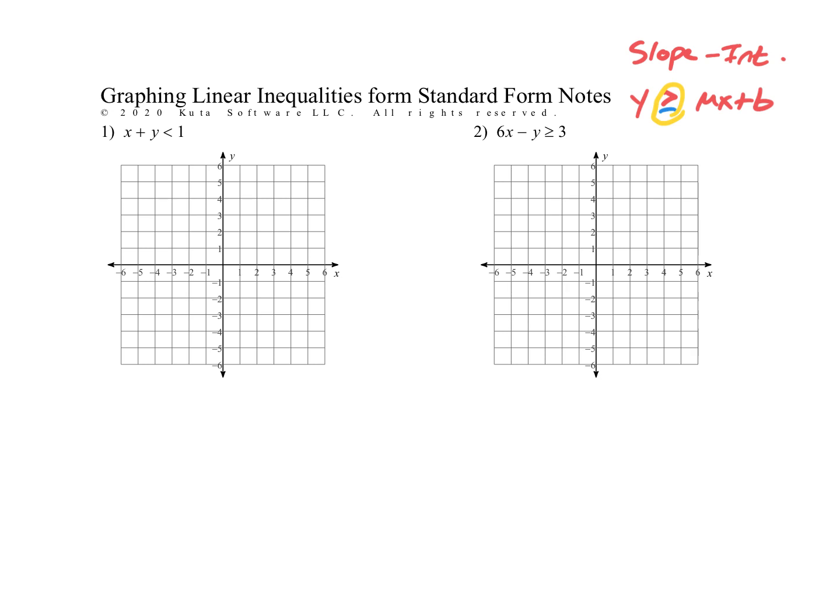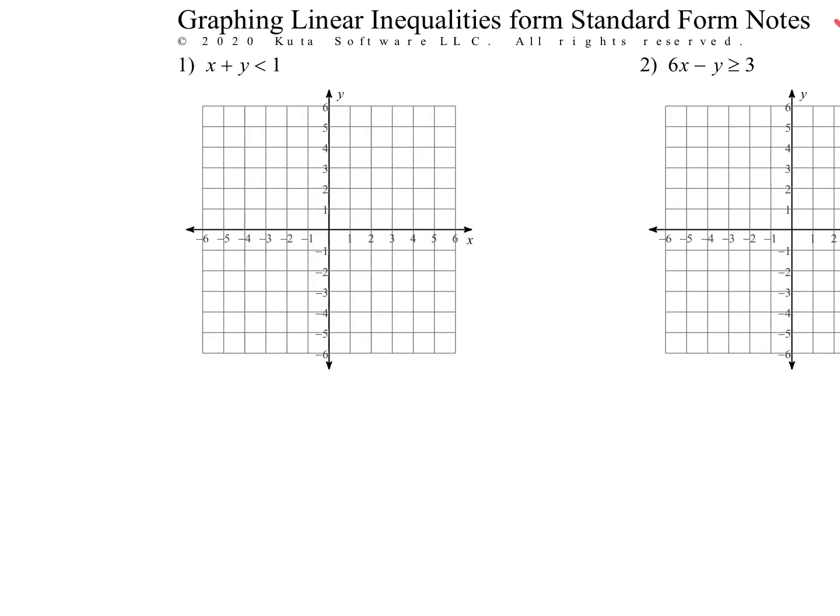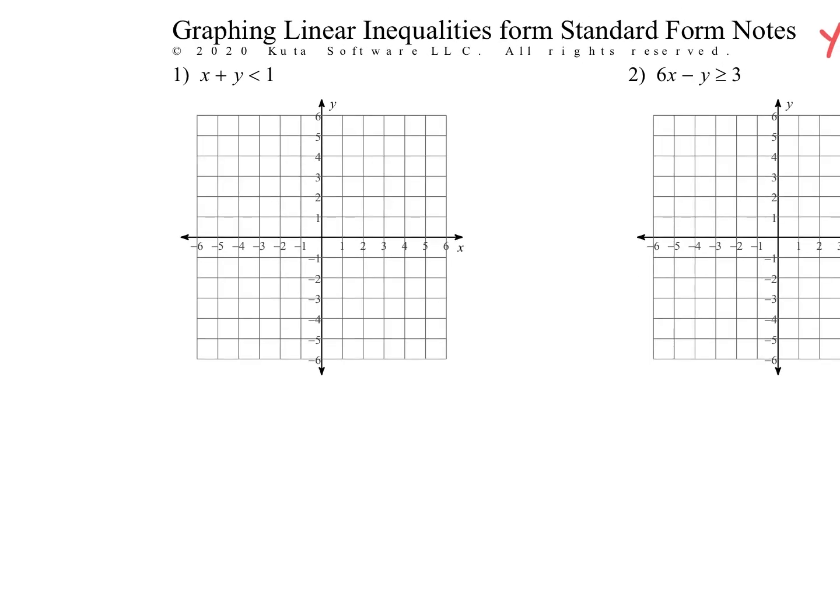All right. So let's look at number 1. Number 1 says the inequality is x plus y is less than 1. So I'm going to rewrite it down here. x plus y is less than 1. Now, what is the goal when you are solving to get it into slope-intercept form?